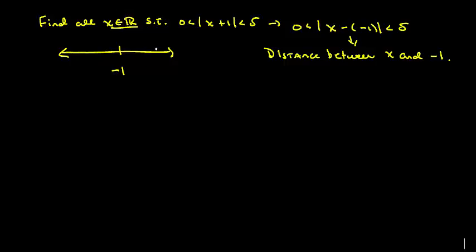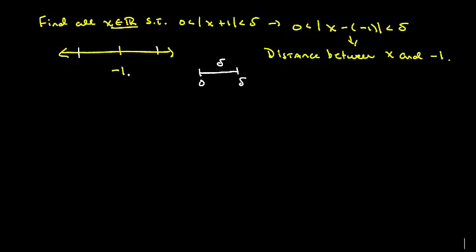So let's say that delta is a number such that if this was 0, delta would fall right here. Delta is a real number and we're going to associate a length with it.